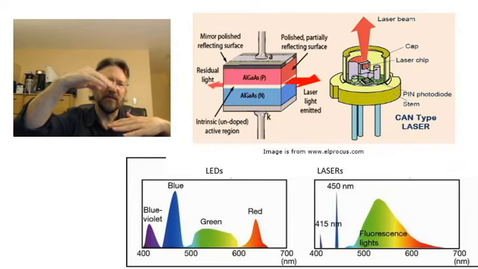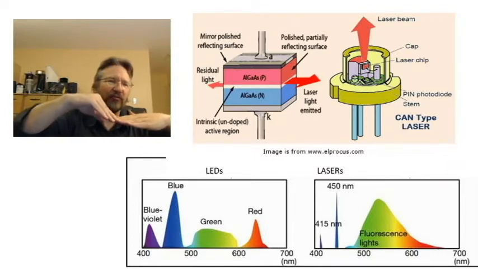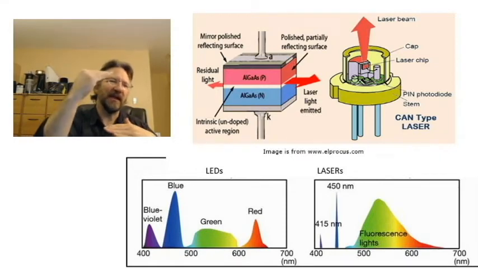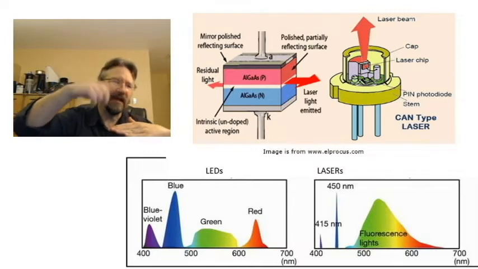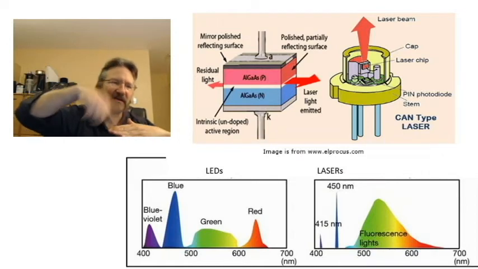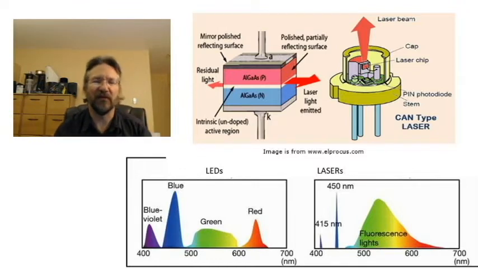By putting a voltage between these two layers, you're going to transfer an electron from one side to the other, and by doing that, that electron will lose energy and will emit light. Once the light is emitted, it will be trapped between these mirrors, and will bounce back and forth a few times until it reaches a certain threshold in power, when it then moves out towards the side. So that's the principle of an LED laser.